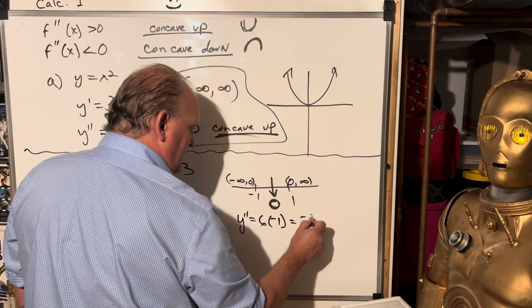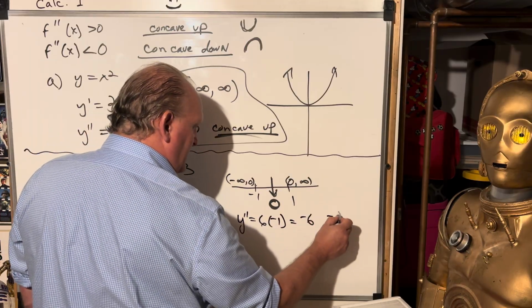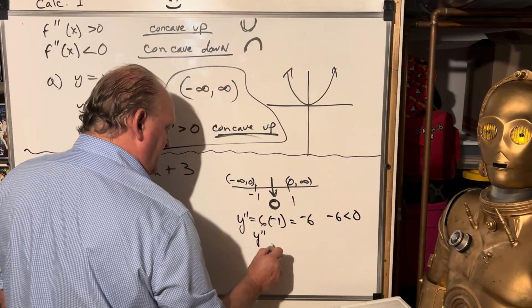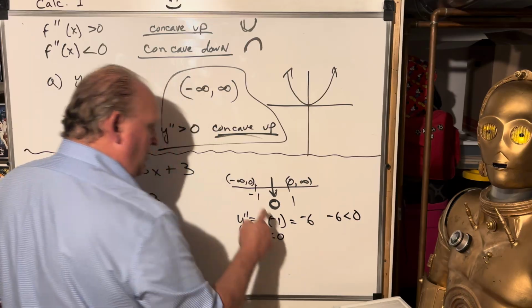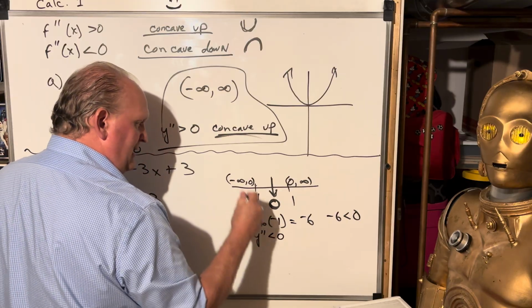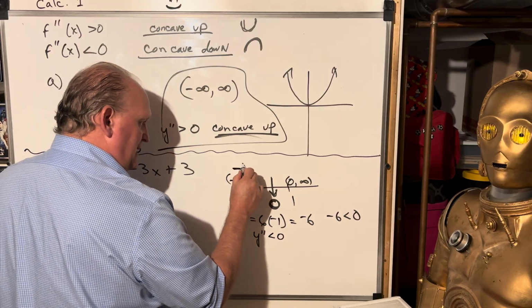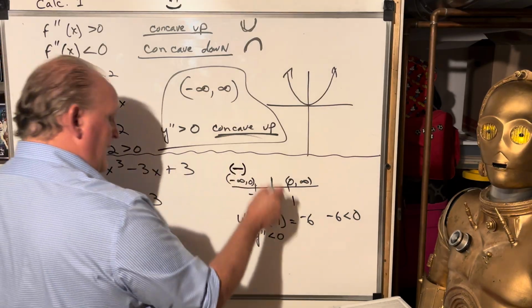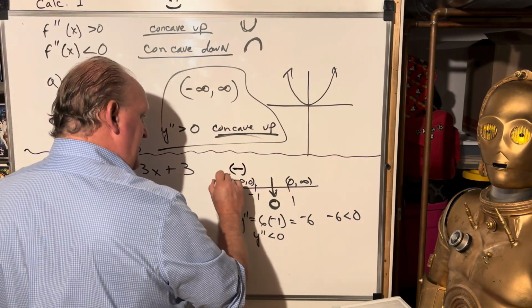That is negative 6. Negative 6 is less than 0. So that means the second derivative is less than 0 on this interval. If it's less than 0, that is negative, and that means it's concave down.